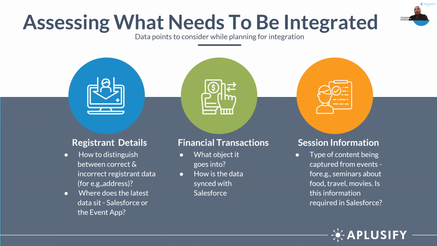So make sure you talk to your business users or stakeholders, and try to understand what kind of data you're trying to move from one system to another, because moving everything is not the solution. Otherwise you cannot run the right kind of analytics on your system. So it's very important to assess what needs to be integrated.